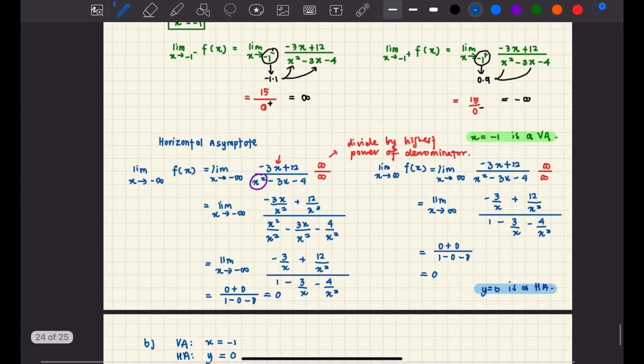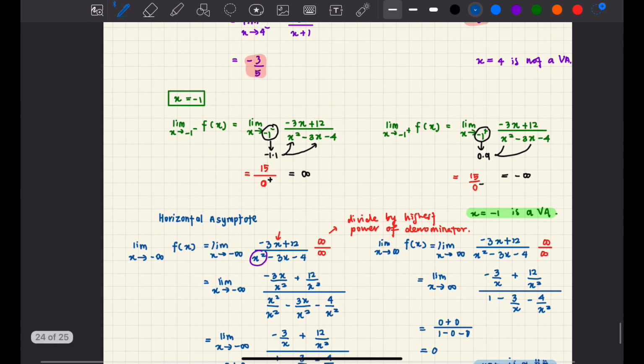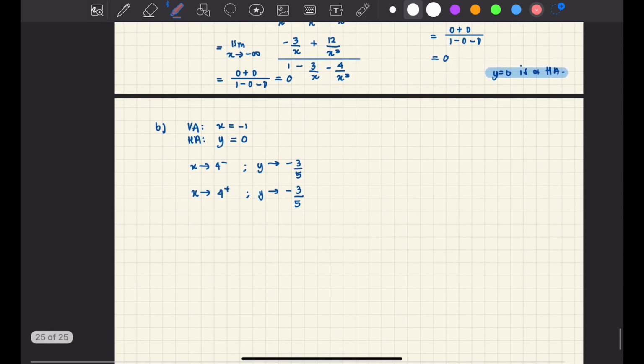What's next? Next is x approaching negative 1 from the left, so y is approaching infinity. And x approaching negative 1 from the right, y is approaching negative infinity. So negative 1 left is infinity, negative 1 right is negative infinity.